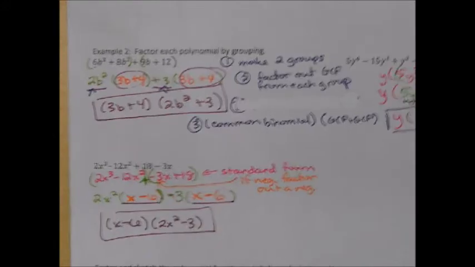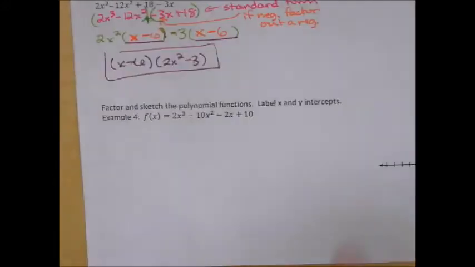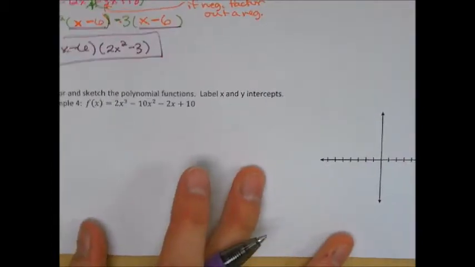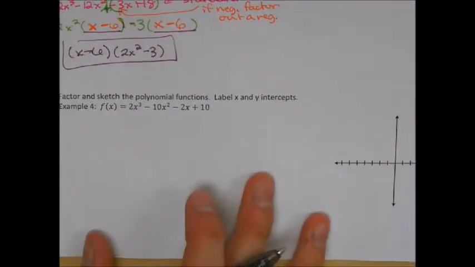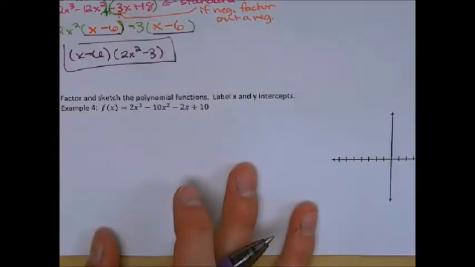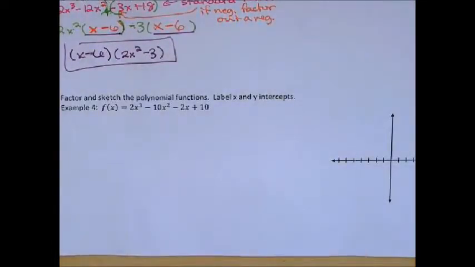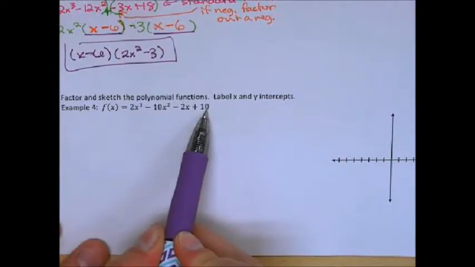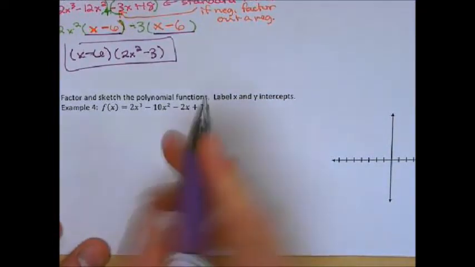Let's go ahead and look at example 4. We're going to factor and sketch, and then label the x and y intercepts. All right, so I'm looking at my polynomial. First thing you do, is there a GCF overall?